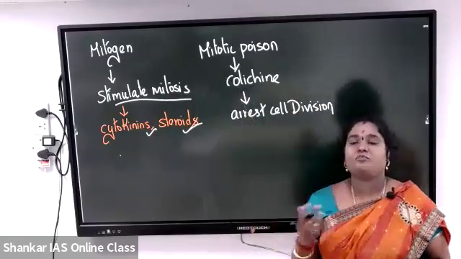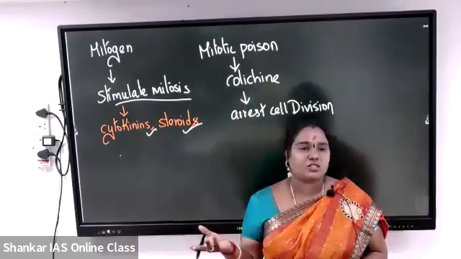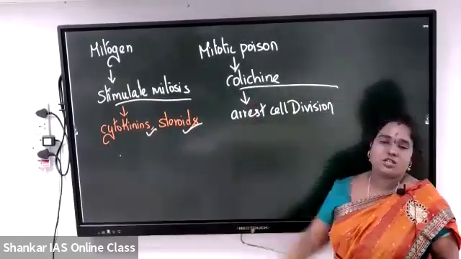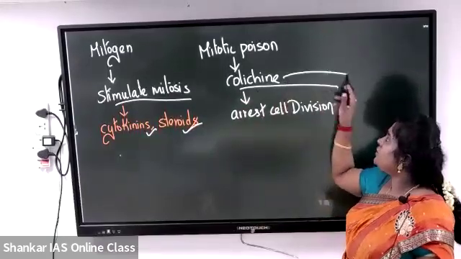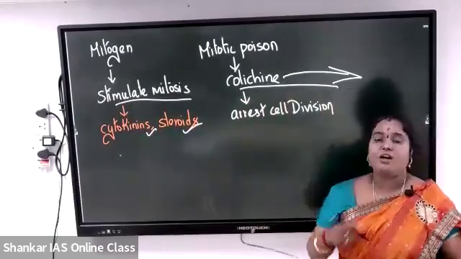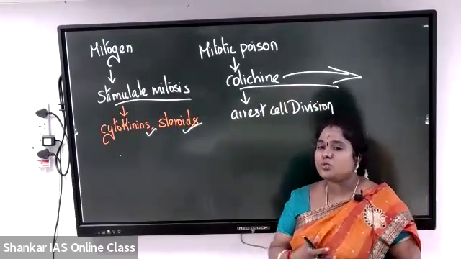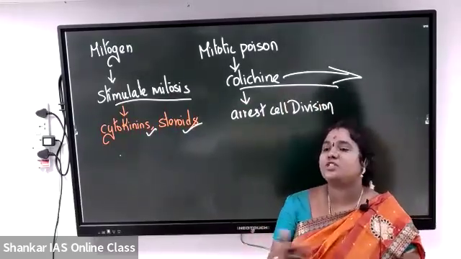The arresting of mitosis, or the halting of mitosis, or stopping of mitosis is due to the presence of a chemical called colchicine. So what does this chemical do? They arrest the spindle fiber formation during the cell division. If there are no spindle fibers, the chromosomes will not move apart, so the cell division cannot occur.